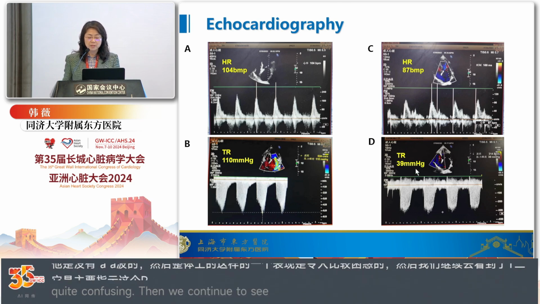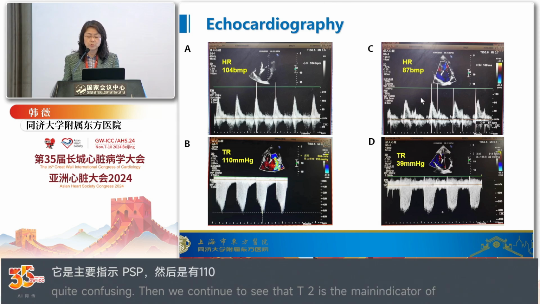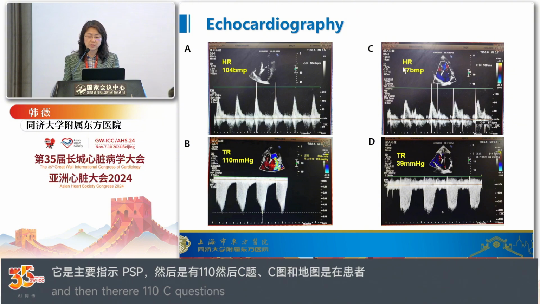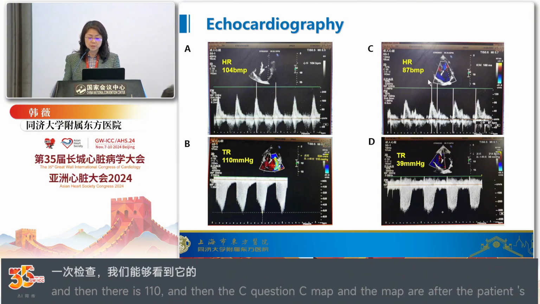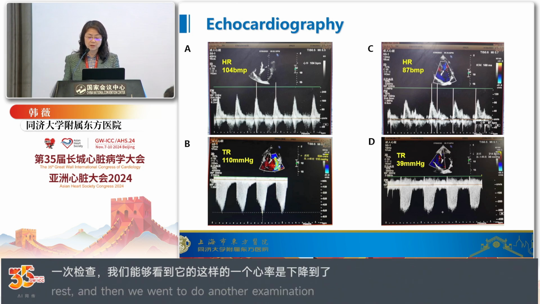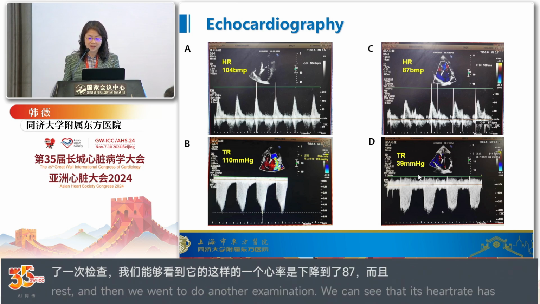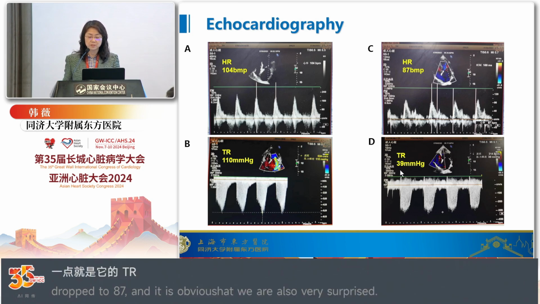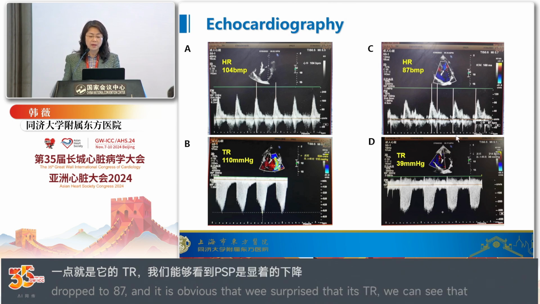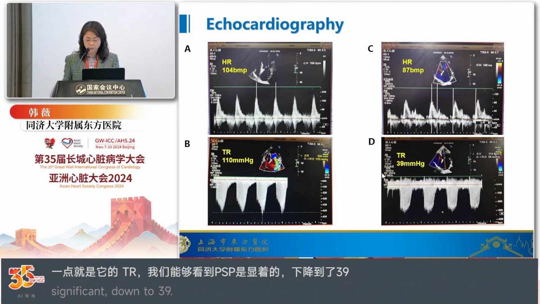Just after rest, the heart rate decreased to 87 beats per minute, and surprisingly, from the TR jet the PASP significantly decreased to 39 millimeters of mercury. The change is very obvious.